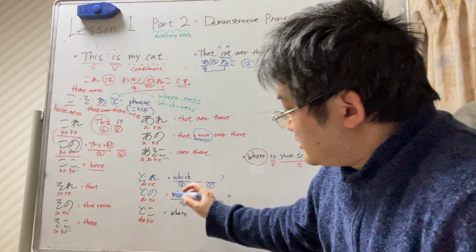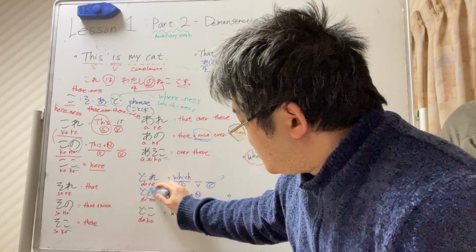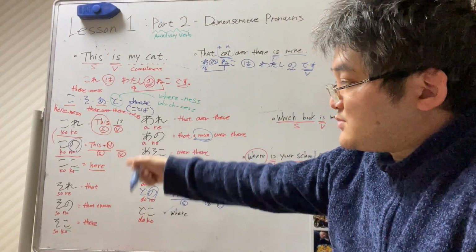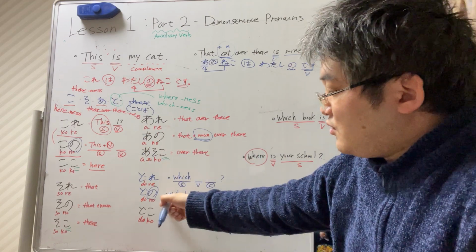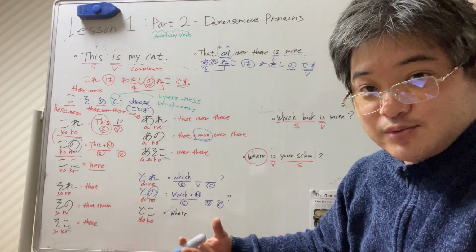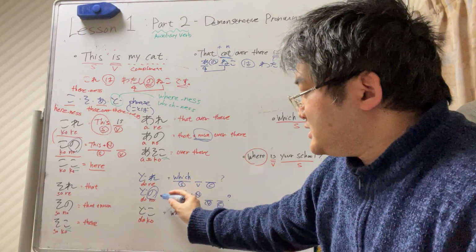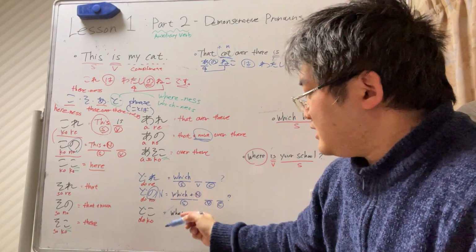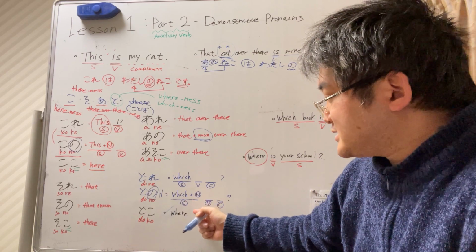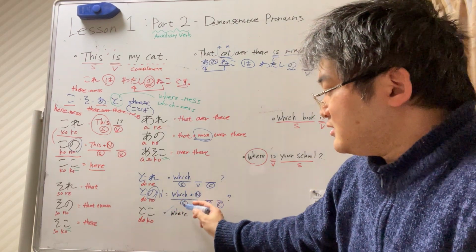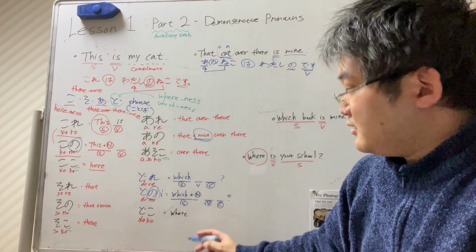Dono probably makes more sense. So dono, similar with others, no shows the relationship between two nouns. So you need some kind of a noun here. So which plus noun, and then together with the noun makes this a subject.